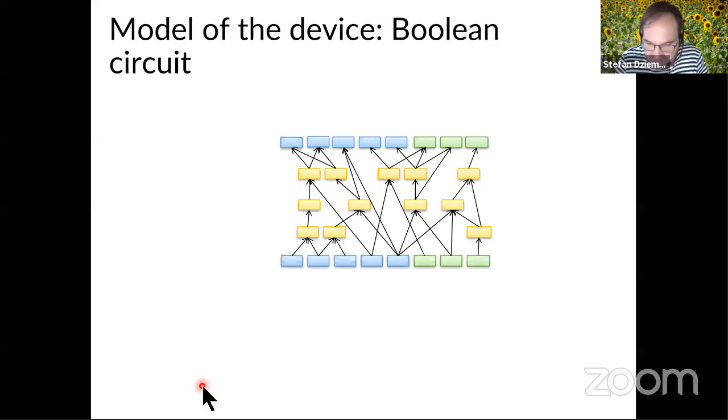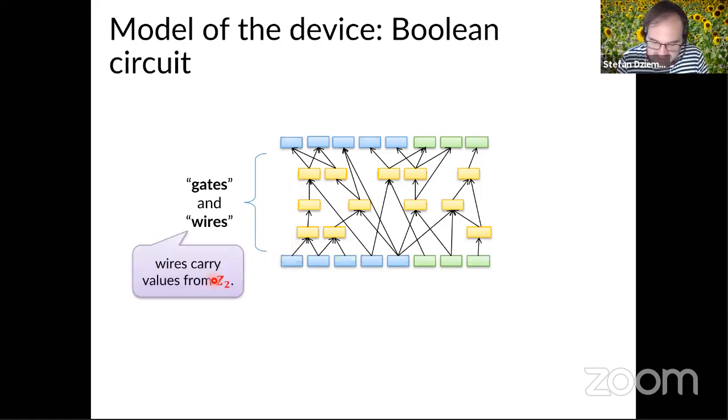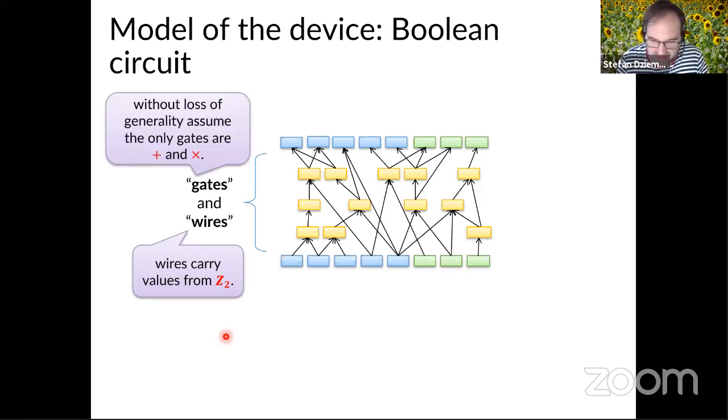So the model of the device is very simple. It's a Boolean circuit. I guess I don't have to say much about this. It has gates and wires, right? Wires carry values from Z2, so bits 0, 1. Without loss of generality, you can assume that the gates are just XOR and conjunction, plus and times, right?